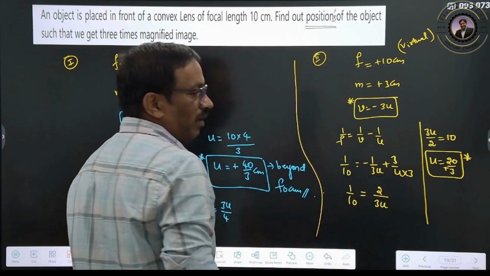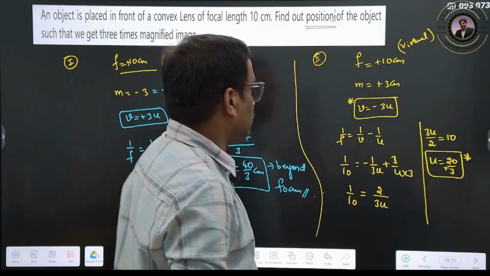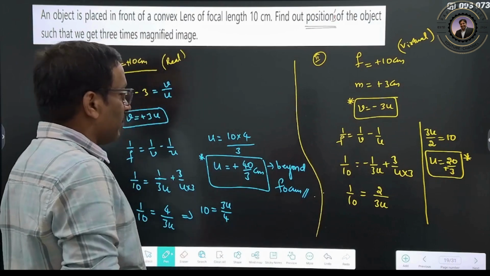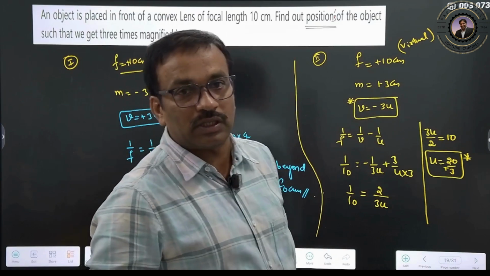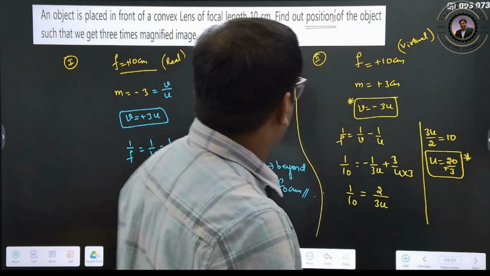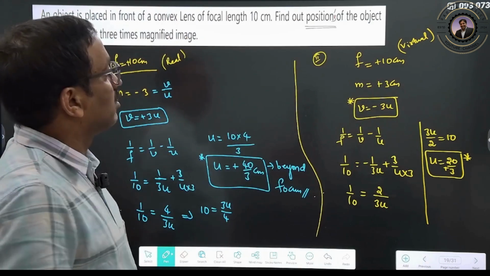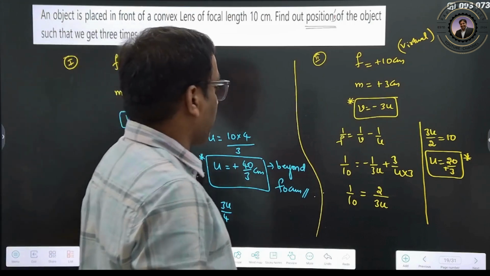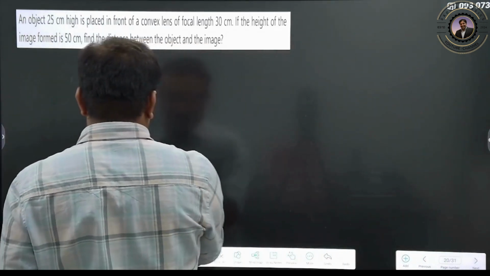Plus means we already included the right sign conventions. So this is 20 by 3 from the lens toward the left side, and the other is 40 by 3. These are the positions of your object such that you will get 3 times the image. Understood? Clear? So like this you should think. Then we will go for the next question.